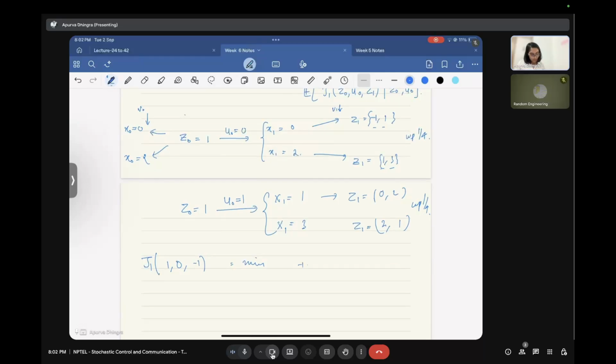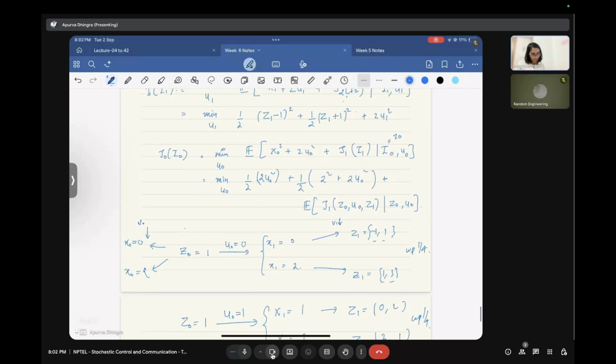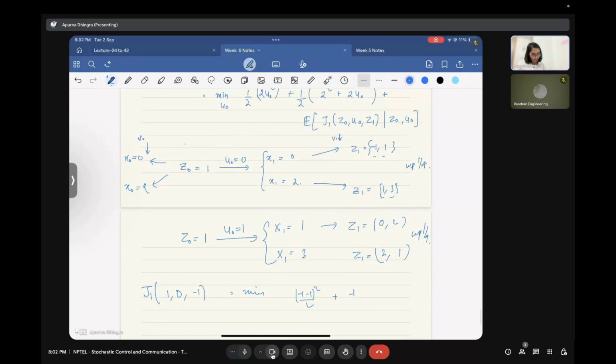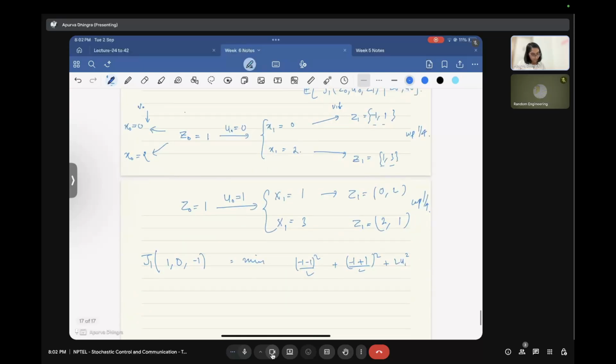So it was (-1) squared by 2. Oh no, it's fine.